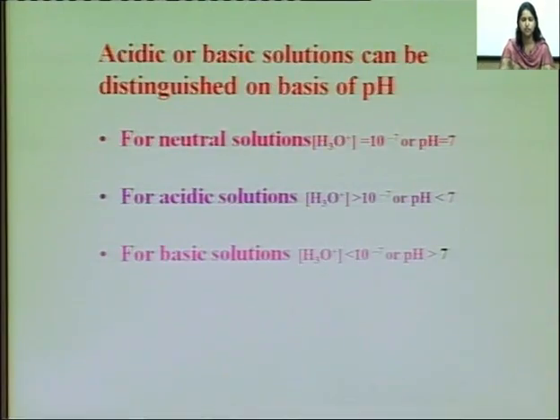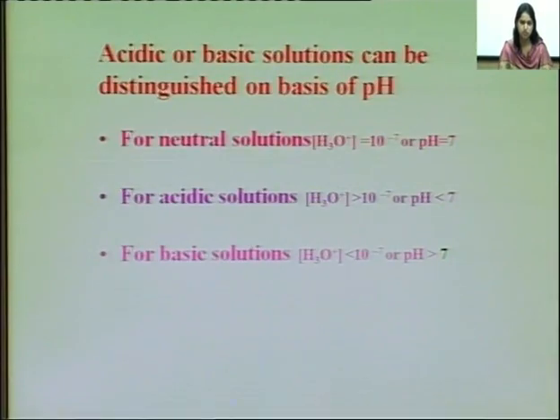So, how can acidic and basic solutions be distinguished? Acidic and basic solutions can be distinguished on the basis of pH. For a neutral solution, the hydronium ion concentration is equal to 10 raised to minus 7 or the pH is equal to 7. For an acidic solution, the hydronium ion concentration is greater than 10 raised to power minus 7 or pH is less than 7.